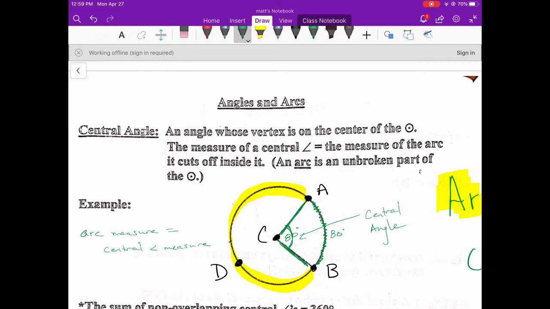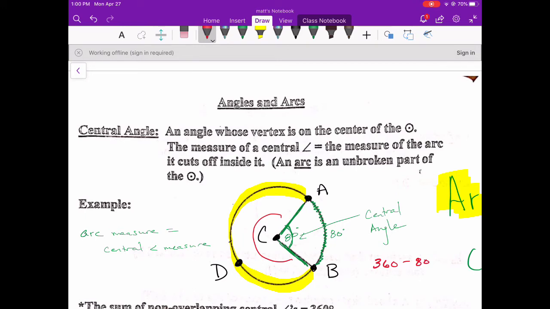Well, let's look at the other side of what we're talking about. So what about this angle right here? Well, that angle right there is the same measure as this arc that's highlighted. If this green arc is 80 degrees, then this highlighted portion would be the total 360 of the circle minus the 80 of the arc that we already know.